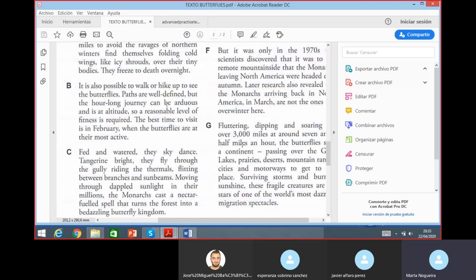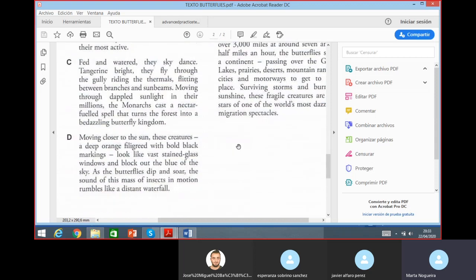Arduous means costoso. And is at altitude, so a reasonable level of fitness is required. So you have to be fit in order to climb and do all these things. The best time to visit it is in February, when the butterflies are at their most active. Okay, so this is telling you about the journey and so on and so on.